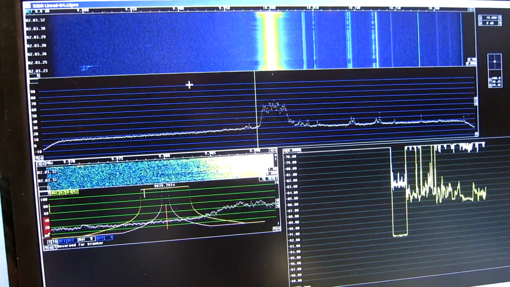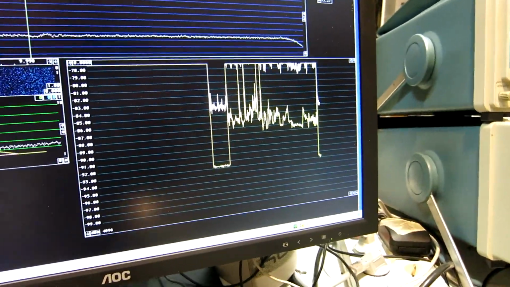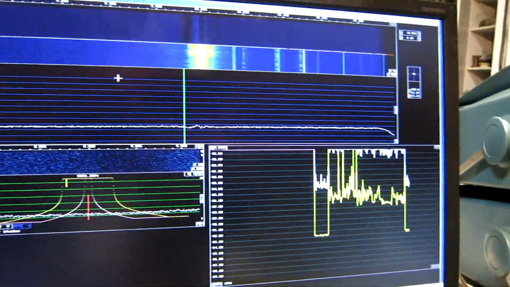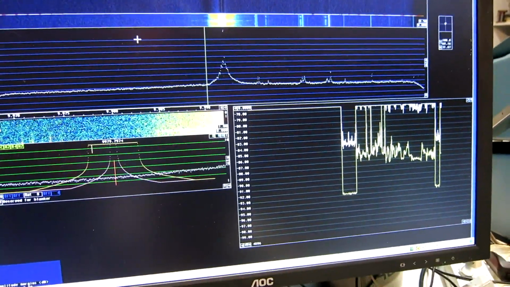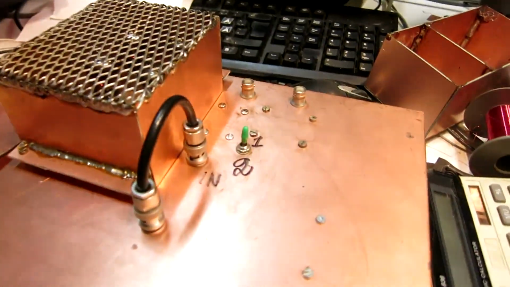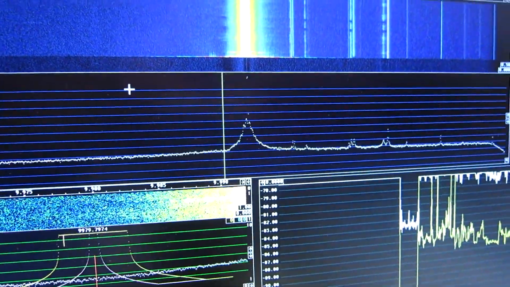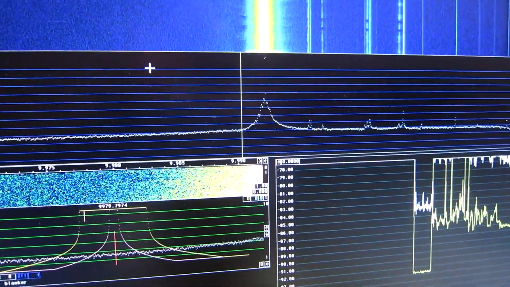I stop the oscillator like that, and then the noise is much lower. And I restart it. Now I'm running the single section crystal filter, and you can see here, and I switch for the 2 section filter.